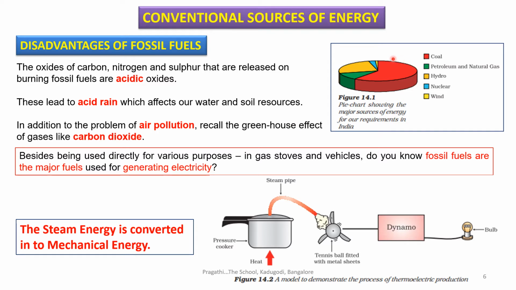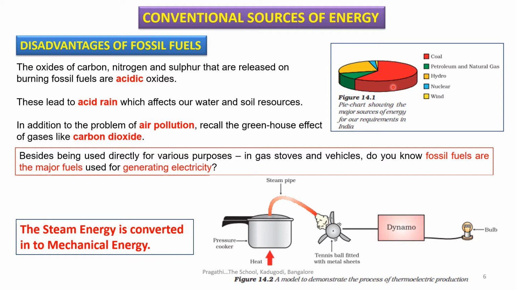If you see this chart here, which conventional energy are we going to use? Coal, petroleum and natural gas, hydro water power plant, nuclear power plant, wind energy. Out of this, coal is the highest percentage. What is coal?